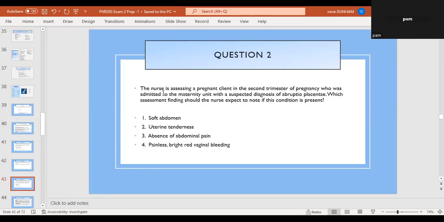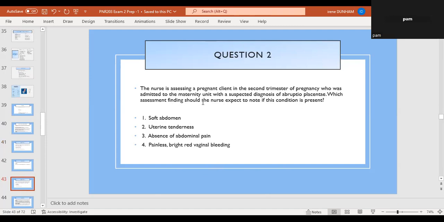The next question. The nurse is assessing a pregnant client in the 2nd trimester who was admitted to the maternity unit with a suspected diagnosis of abruptio placentae. Which assessment findings should the nurse expect to note if this condition is present? Again, what is the question asking me? She's in the 2nd trimester, admitted to the maternity unit, and they're thinking she may have abruptio placentae.